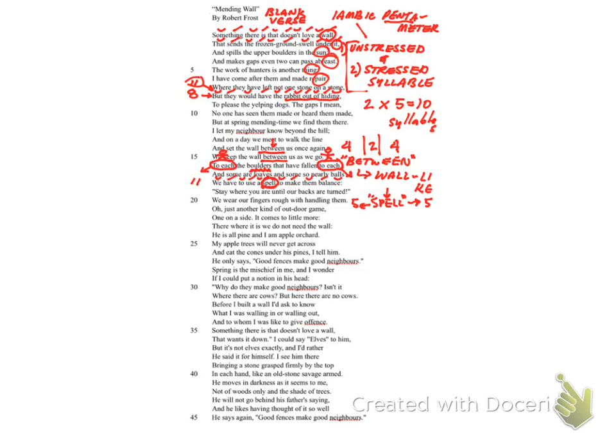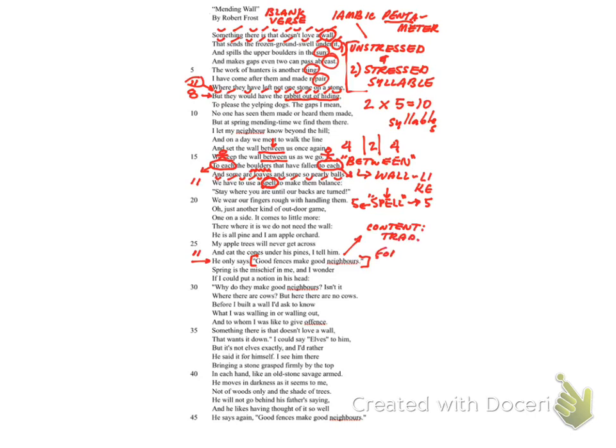The last thing I want to talk about is both times that we get the neighbors speaking about good fences and good neighbors, both times. This is 11 syllables. So this line is talking about the value of tradition, all right?